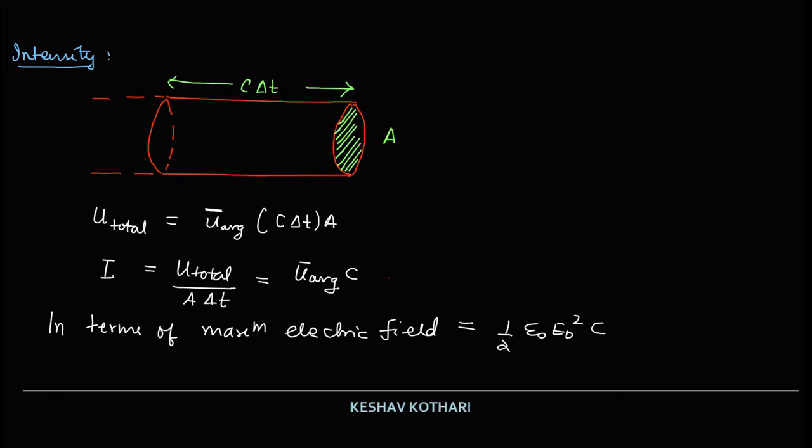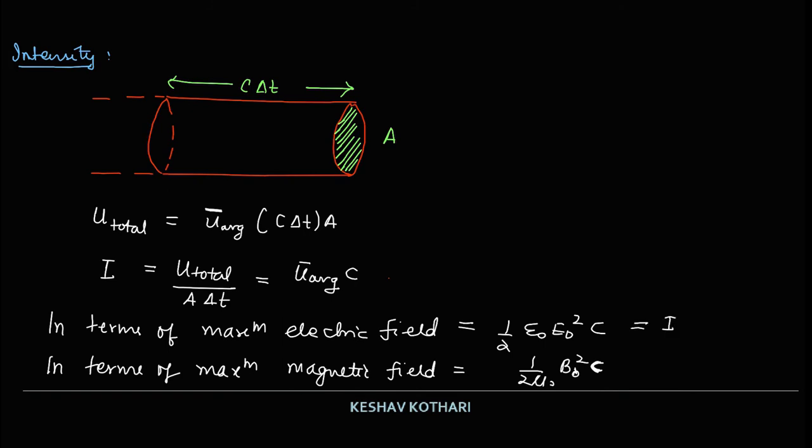Or if you wish to write it in terms of maximum magnetic field, then this value is reduced to 1 by 2 mu naught B naught square c. So this is the value of intensity I, which we have calculated for the electromagnetic wave.